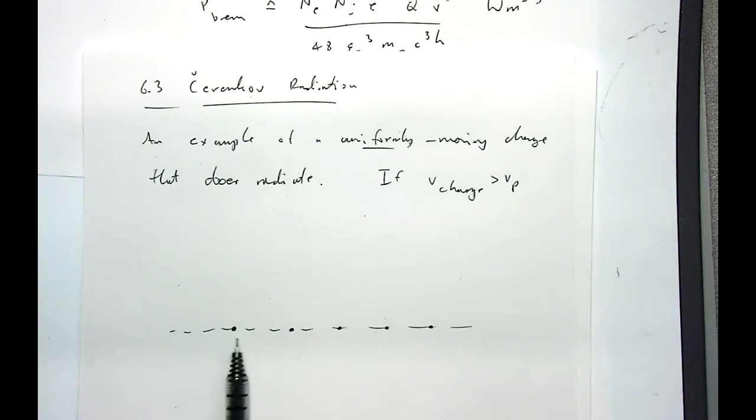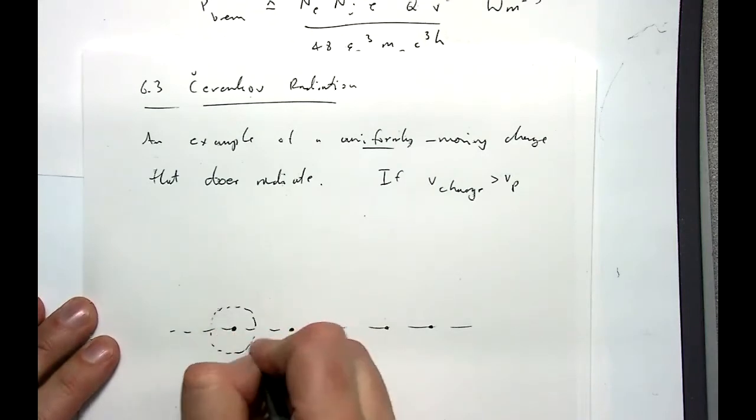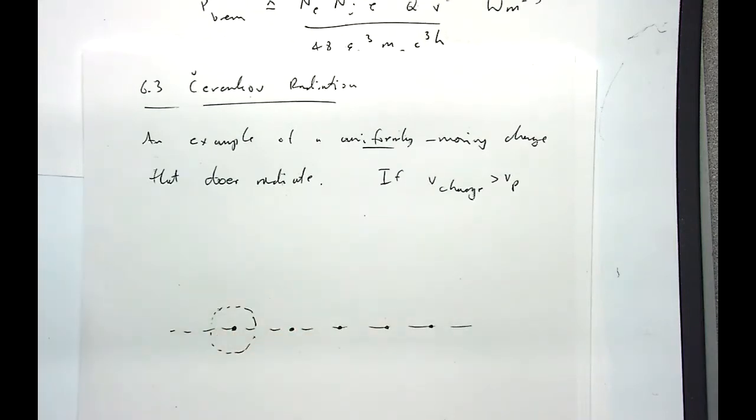When the charge is at this position, then the electric field lines that it will start to generate at that point will start to emanate away, and I can draw that at a particular time later. Obviously this is propagating at the velocity with which the material can respond to that electric field. That's the phase velocity. So if it's a dielectric, this little wavefront is emanating away at Vp.